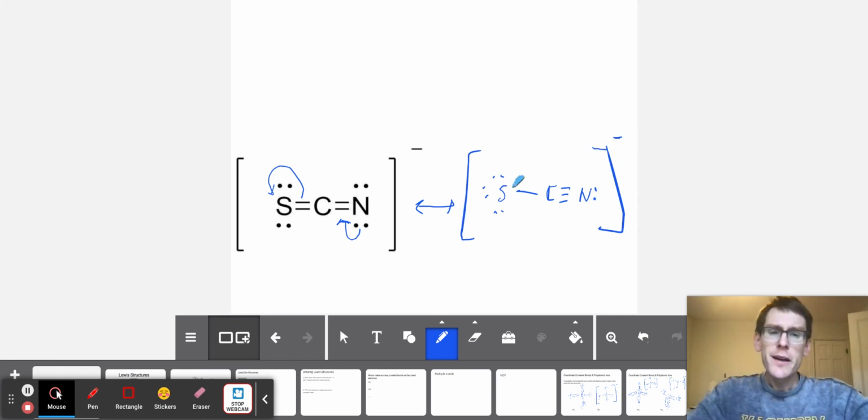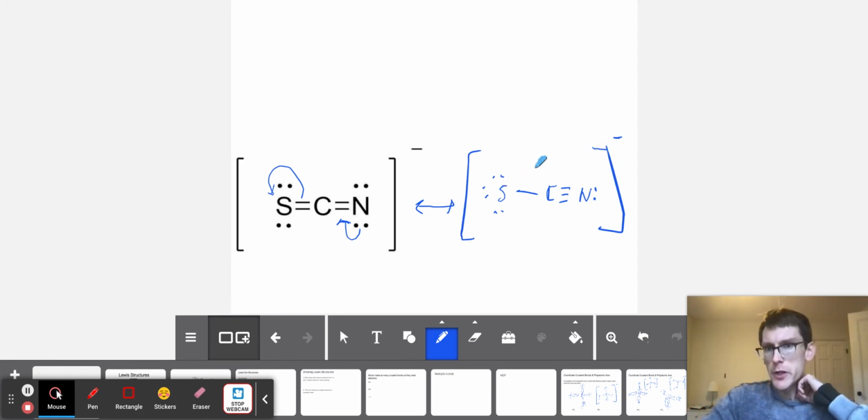Now, because this is not perfectly symmetrical, you could even take it a step further and evaluate which is the more significant resonance structure. And we'll take a moment for that right now. The difference between these two structures is ultimately, does an extra lone pair exist on the nitrogen, or does it exist on the sulfur?